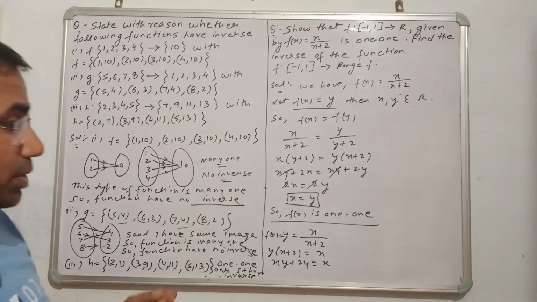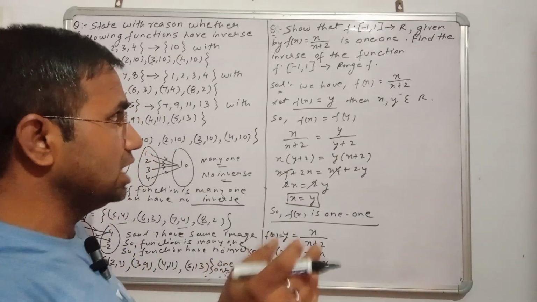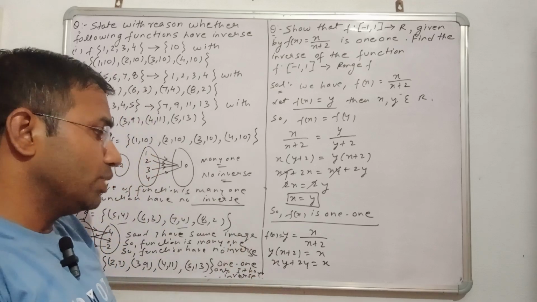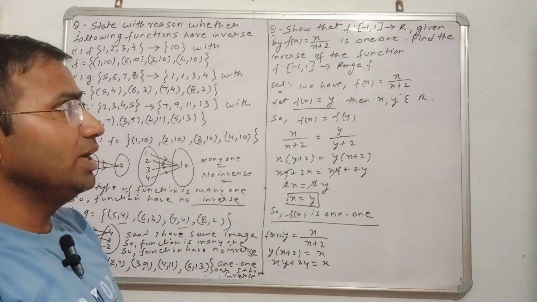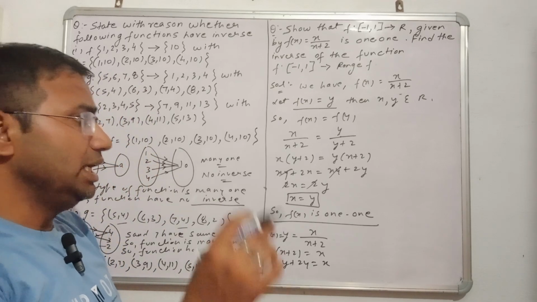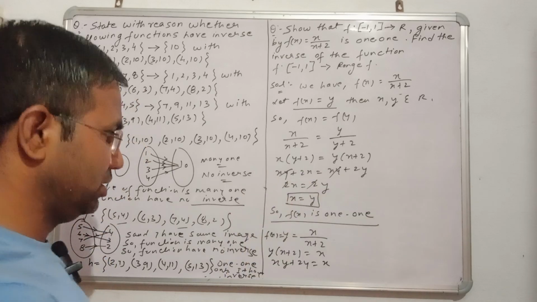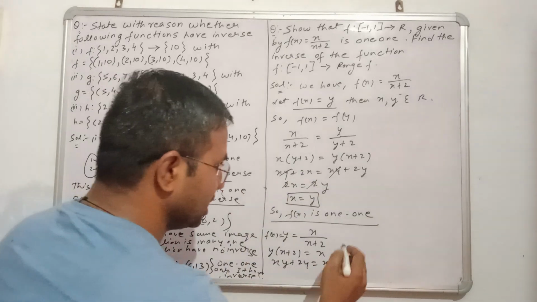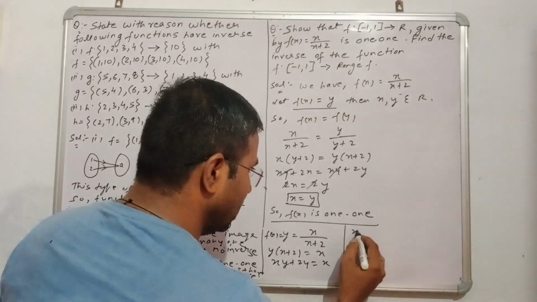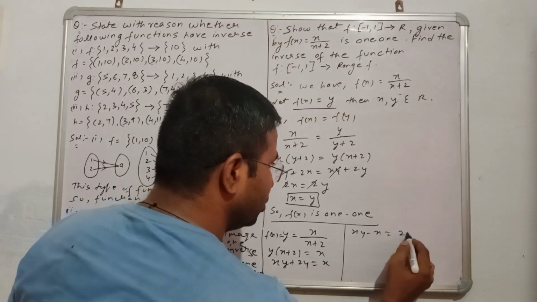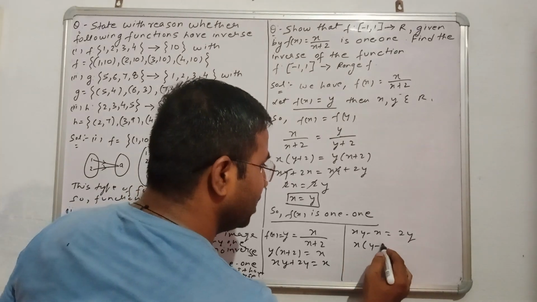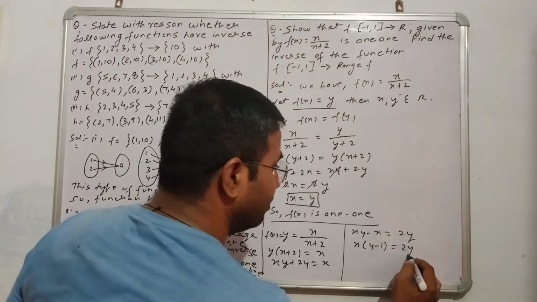Now inverse of a function means, as I told you in the last video, you have to write the given variable in terms of another variable. So it means you have to take x this side and y this side. So what will come? xy minus x equals 2y. See here, now take x common, to y what will come? y minus 1.